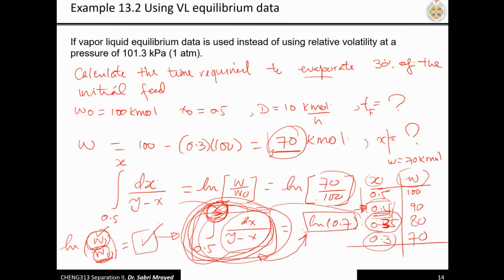This is the last point. What I get from this, I go to the equation and use it for the time. Do you know the equation? Yes, I know the equation.